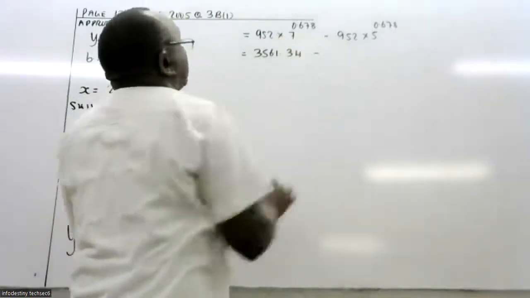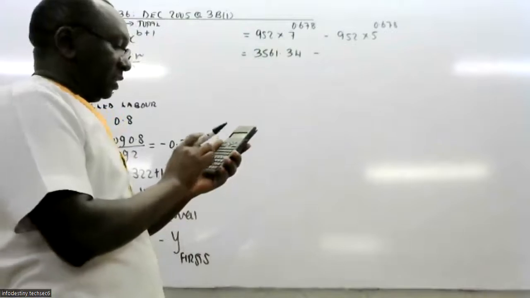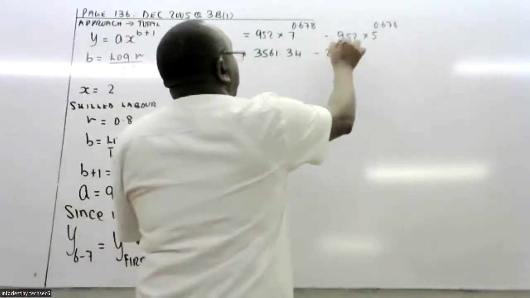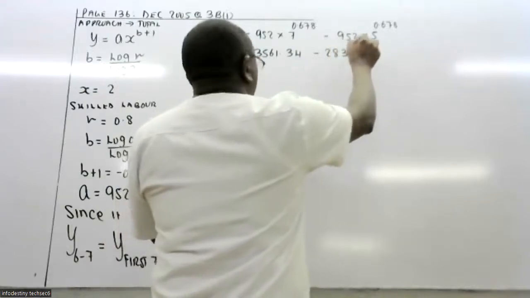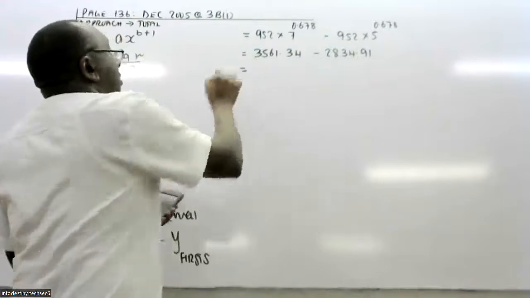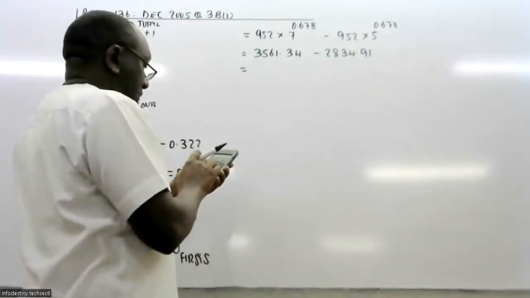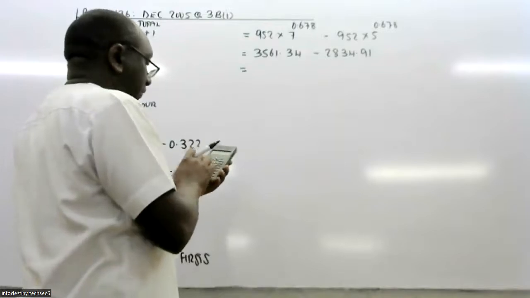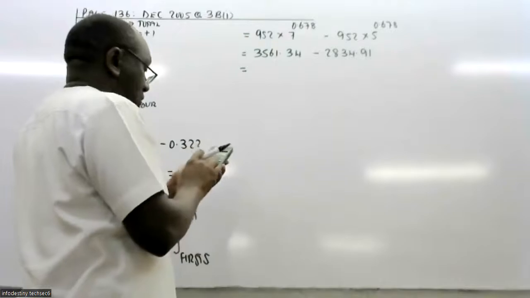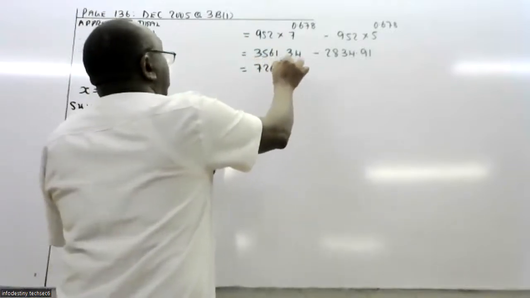We can use 2 decimals. 5 raised to power 0.678 times 952, I'm getting 2834.91. And therefore, my time will be 3561.34 minus 2834.91. It is 726.43.